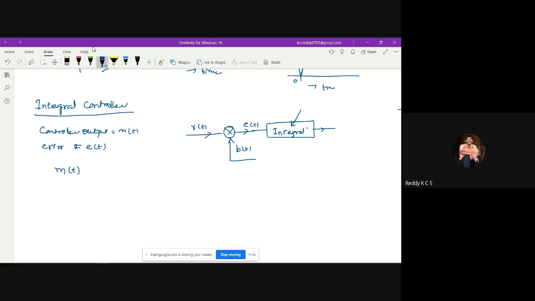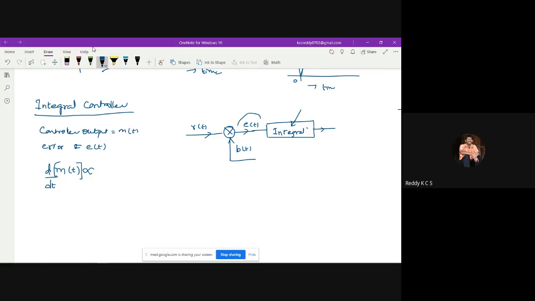The m of t, the output of the controller or manipulated signal, changes at a rate. When I say rate, it is the time derivative, d by dt of m of t, proportional to the input of the controller.